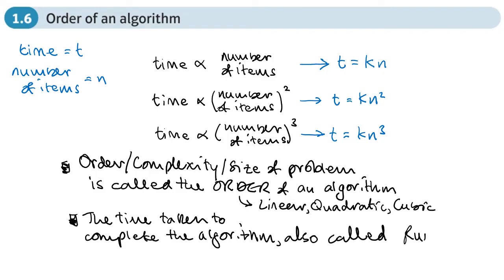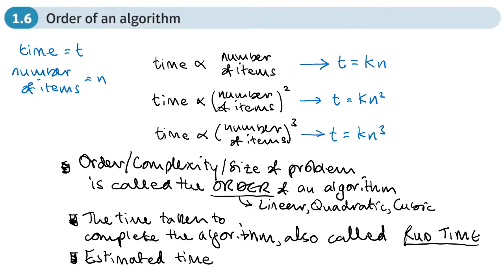So you might see that phrase there instead. Now, one note is that when we work out the runtime from the number of items, these are only estimates. Okay, so estimated time, it doesn't mean the algorithm is going to take exactly that time to calculate.